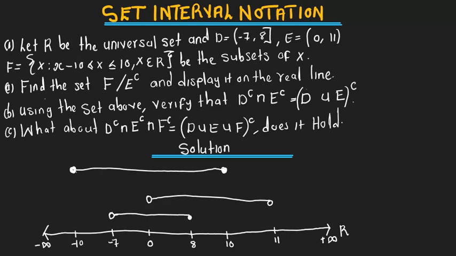Alright, so we've written everything out. We can name them. This was our D, then this was our E, and this set was our F.